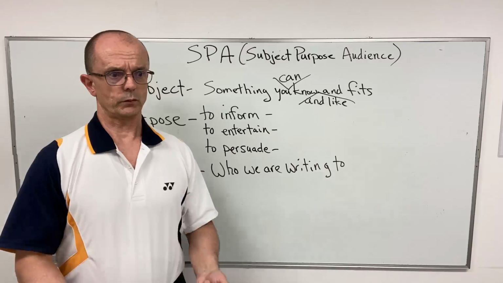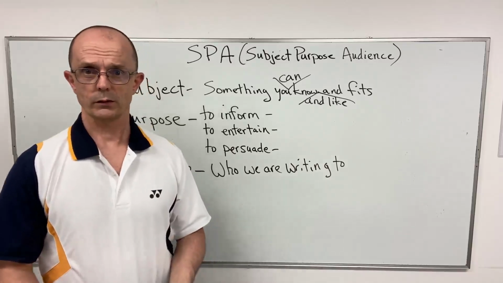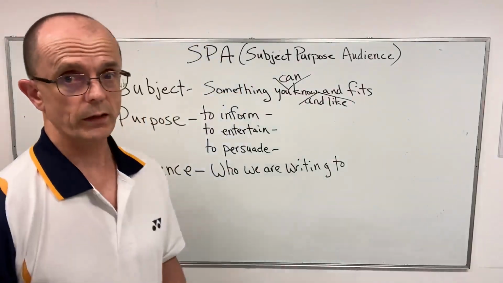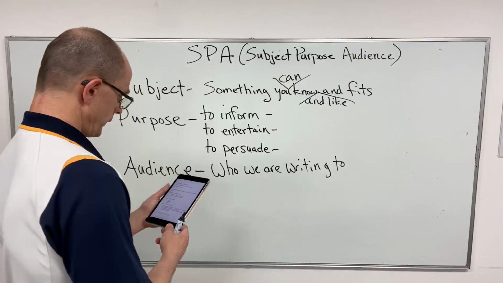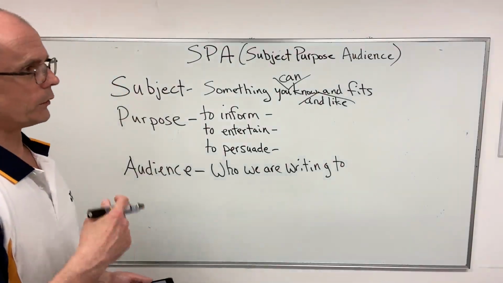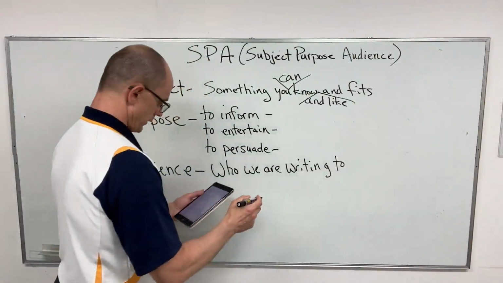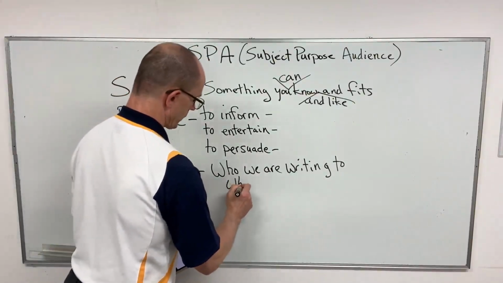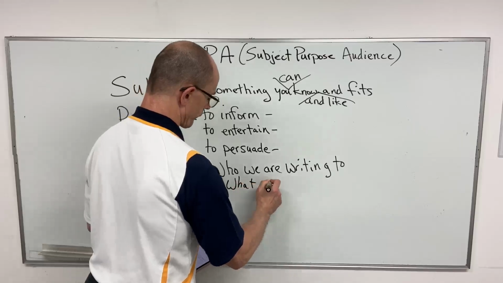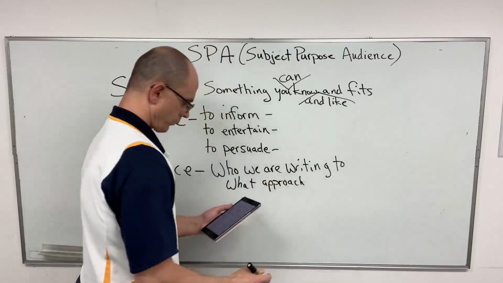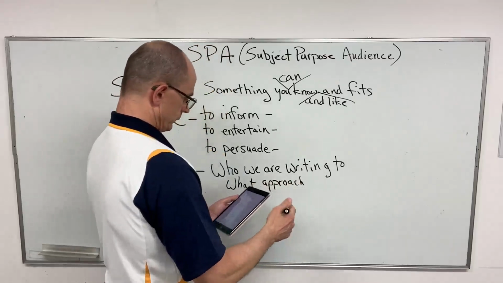If we know the audience, what are the key things that brings for us, right? So there are several things that we want to keep in mind about audience. Knowing who we're writing to tells us many things. It can tell us, so what approach do I take?